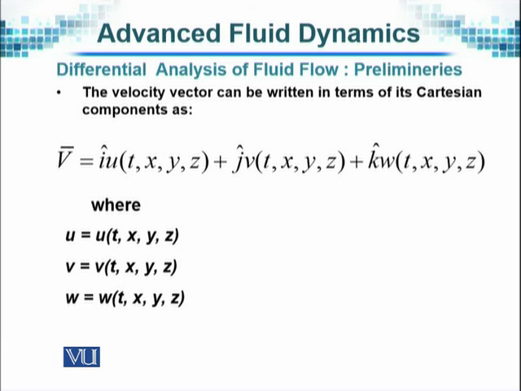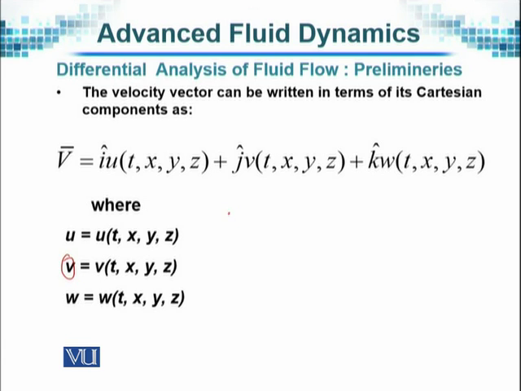So v can be written with its rectangular components: u, which depends on t, x, y and z; v, the velocity component in the y direction, depending upon the same variables t, x, y, z; and w, the velocity component in the z direction, is this. They are scalar quantities as shown here. So let velocity be written in this form.